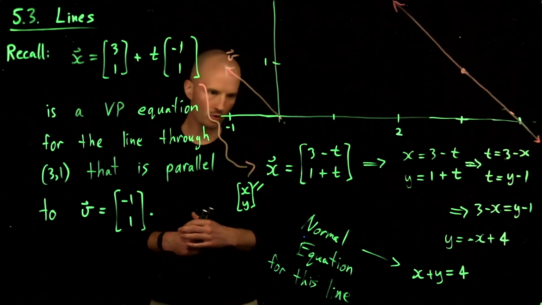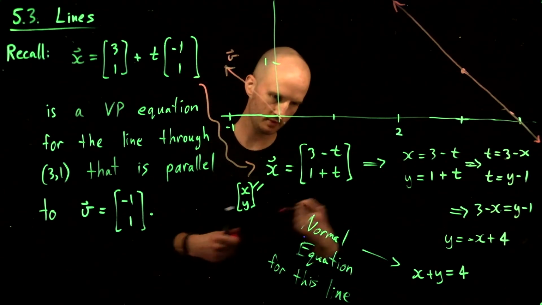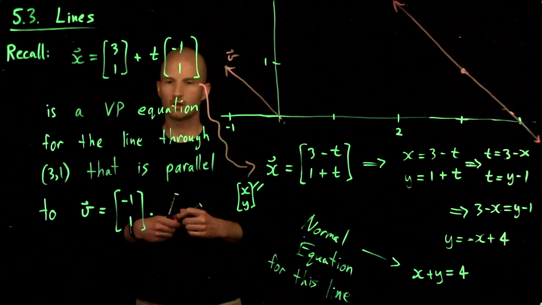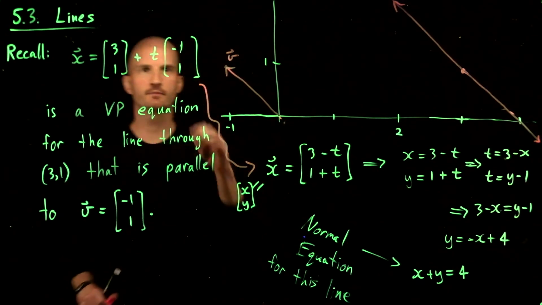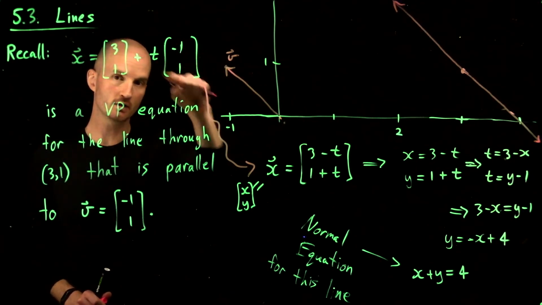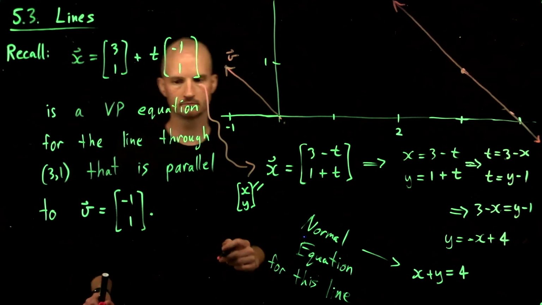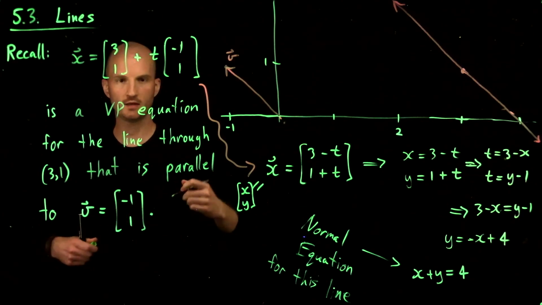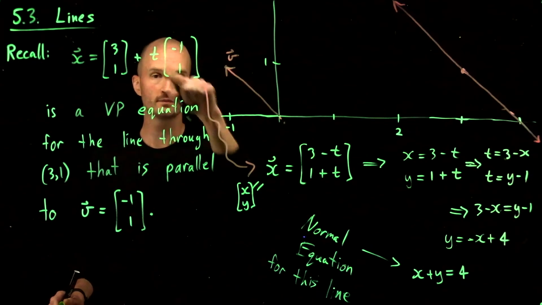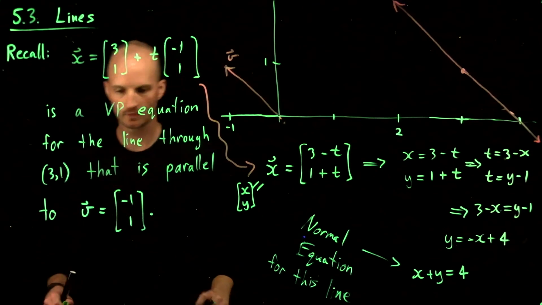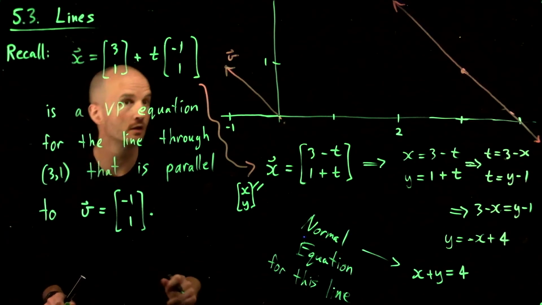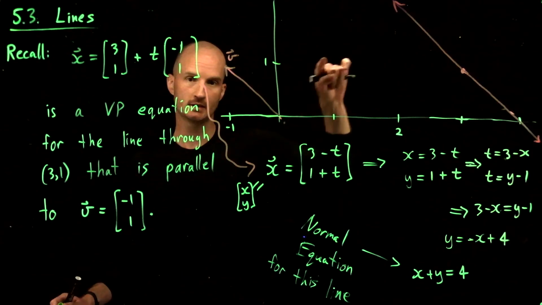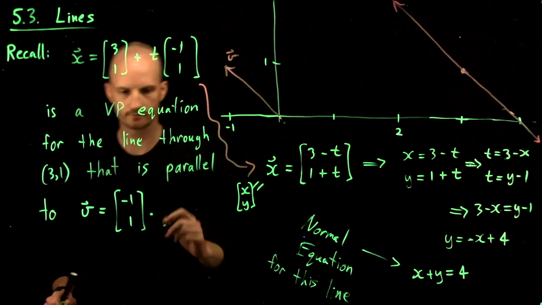Now, why do we use the word normal? What's this word normal in there for? Well, I want you to first appreciate that if this vector is parallel to my line, then the vector going like this is actually perpendicular.